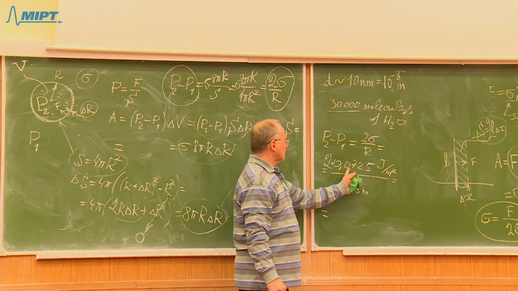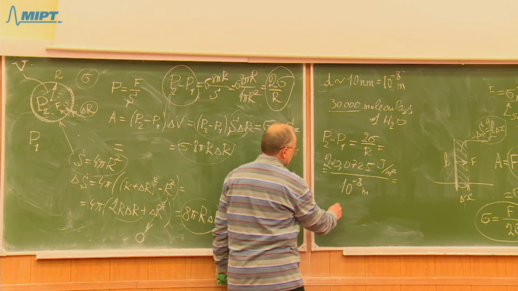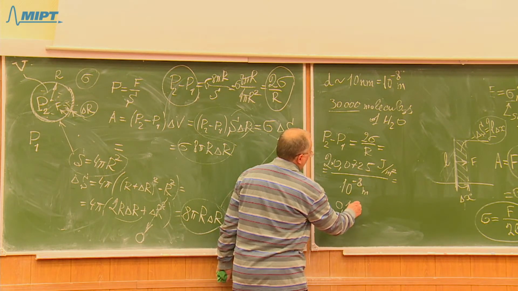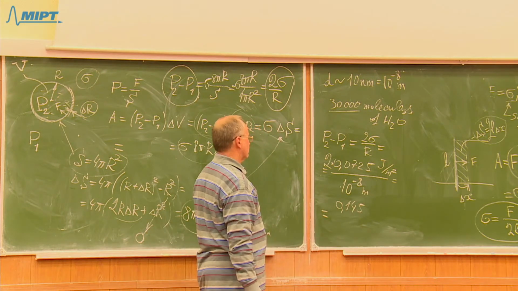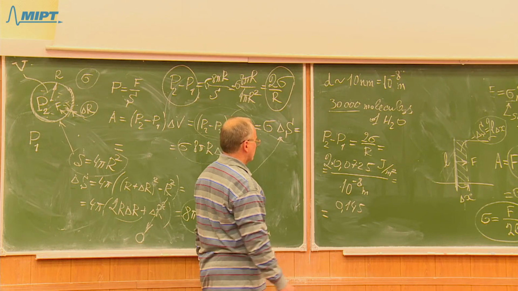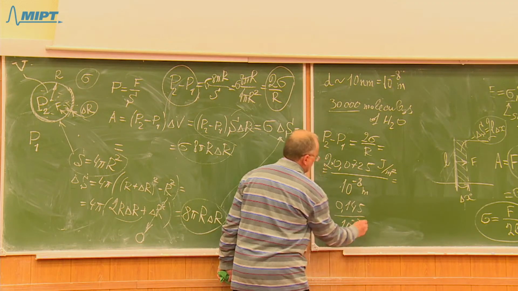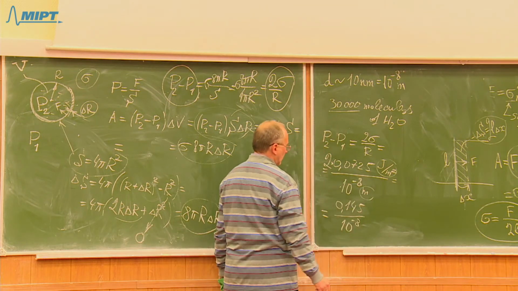Well, what is 725 multiplied by 2? That will give us something like 0.145. Something like that. Divided by 10 to the minus 8. Everything in the international system of units.